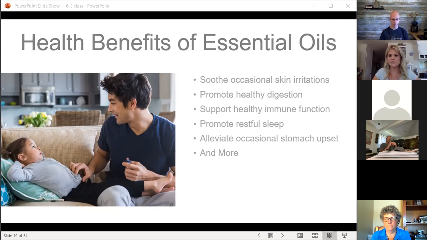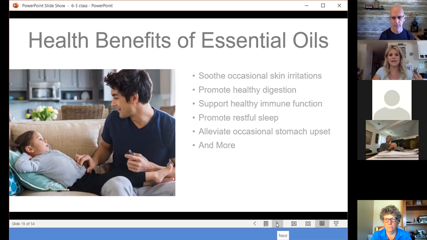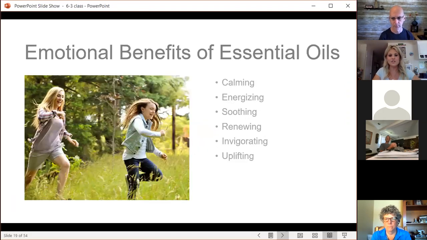So we can use them for all those health benefits: they can soothe irritations, promote healthy digestion, support good oral health, help clean our airways, help purify the air that we're breathing right now, making sure we're taking care of our bodies from all aspects.